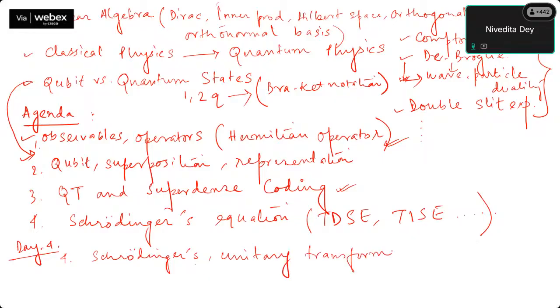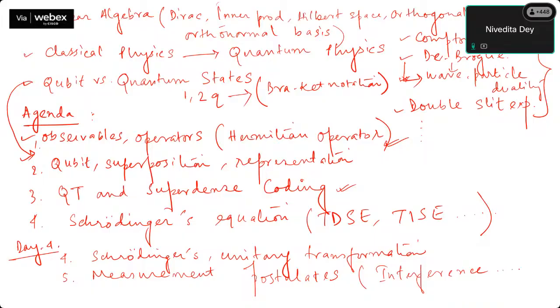Also with that, we will be talking about the measurement postulates in a detailed way, and the concept of interference mathematically. That will be covered in tomorrow's class.